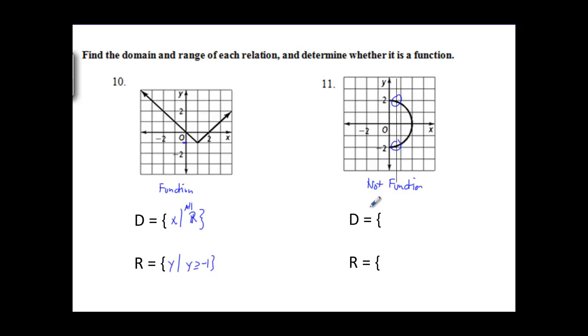On number 11, the domain starts at 0, goes towards 2 and stops, so the domain is the set of all x such that 0 is less than or equal to x is less than or equal to 2. For the set of all y's, the lowest y value is -2 and the highest is 2, so -2 is less than or equal to y is less than or equal to 2.